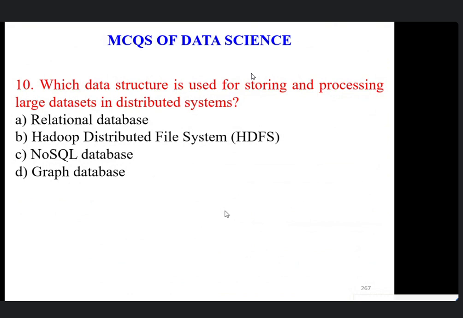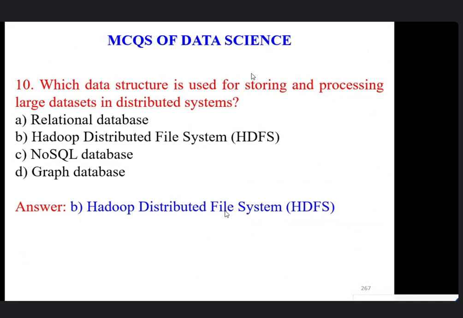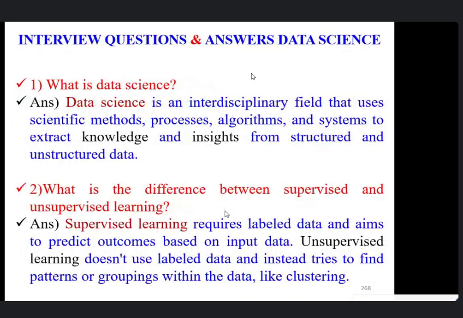HDFS is used to divide the large file into small files. So B is the option. Yes, Hadoop distributed file system is the correct answer, used for storing and processing large data sets.